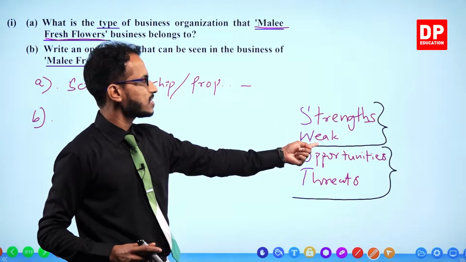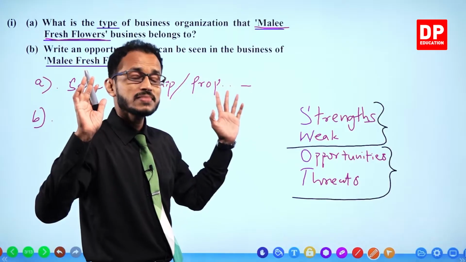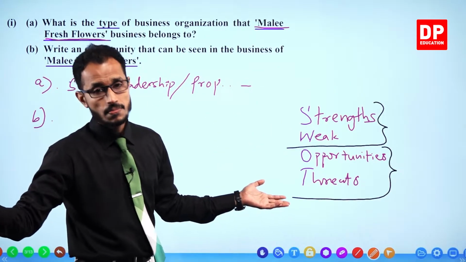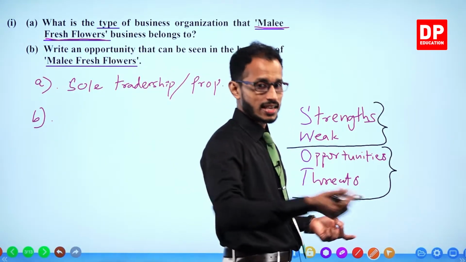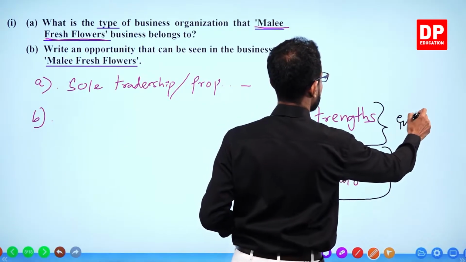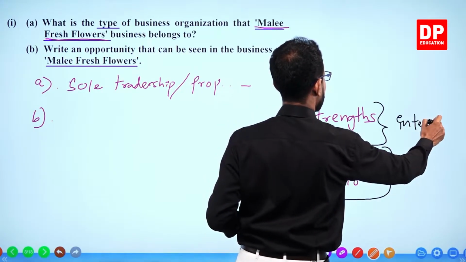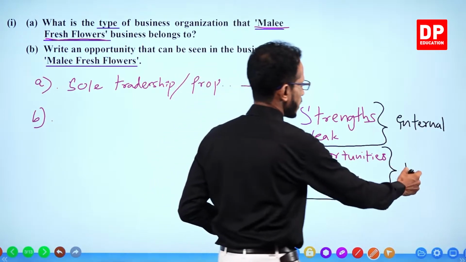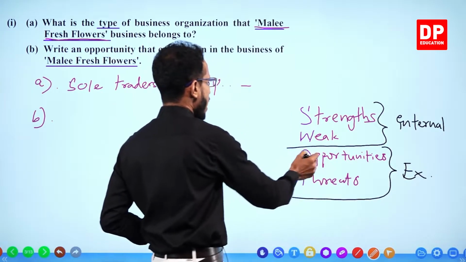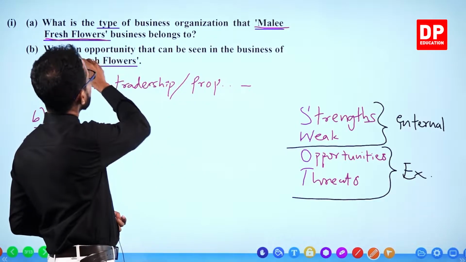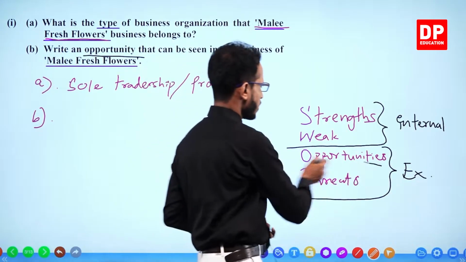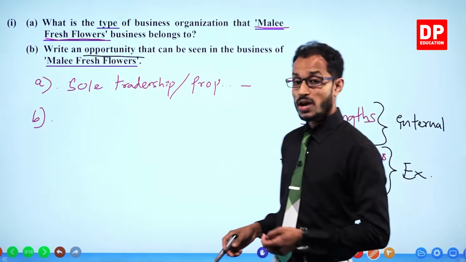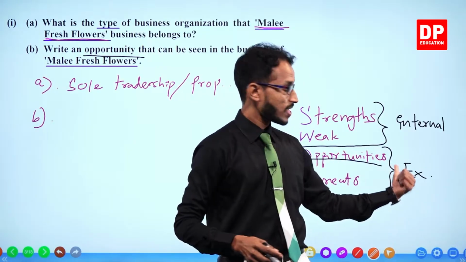Strengths and weaknesses are internal. Opportunities and threats are external. Now they are asking about opportunity, so the external environment.